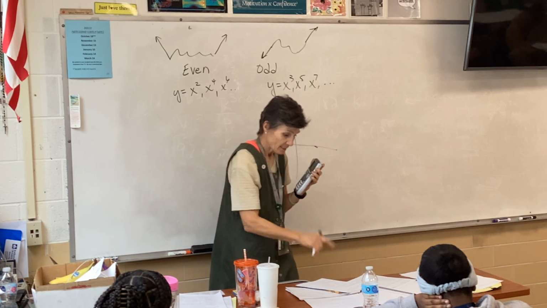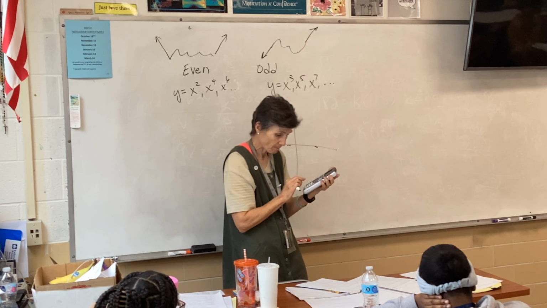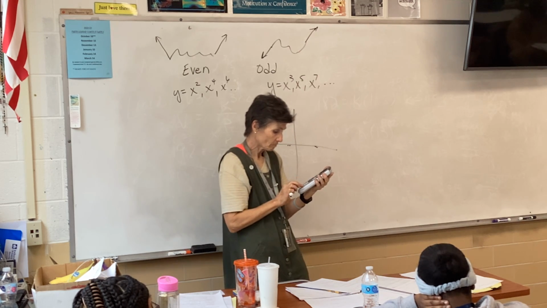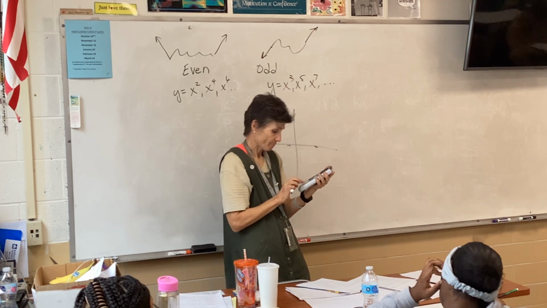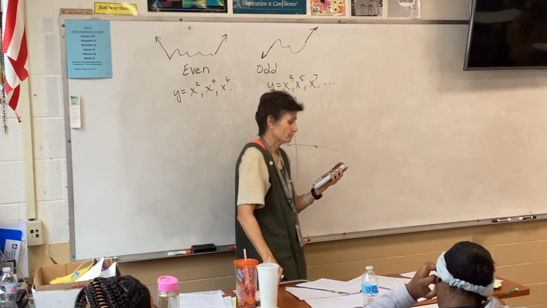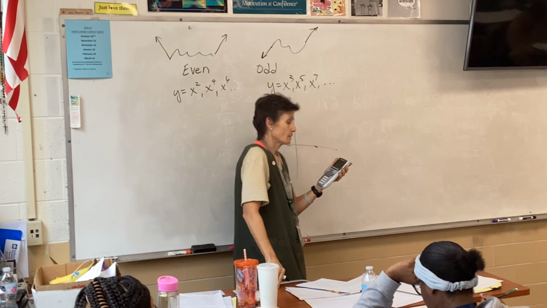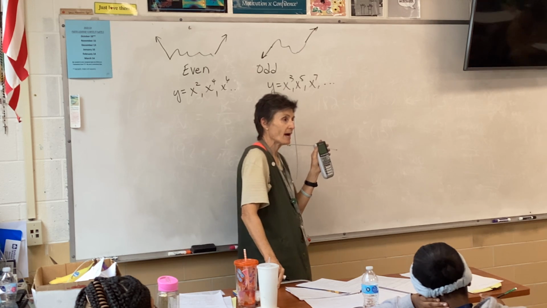Okay. Let's graph the next one. So take out that equation and put in the next equation. Now that one goes off my screen a little high, but I don't really care about that. What I notice is what?